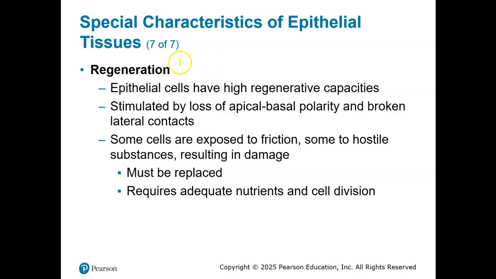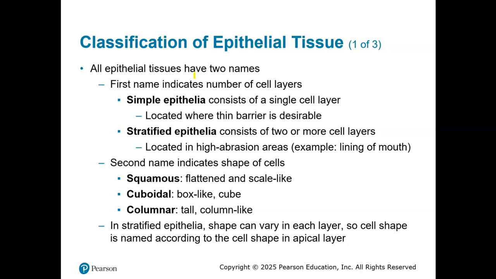Some of those nerve fibers are receptors, like touch receptors for touch and pressure and temperature and pain. Then epithelial tissue is very, very highly capable of regenerating because it's constantly being shed and replaced.